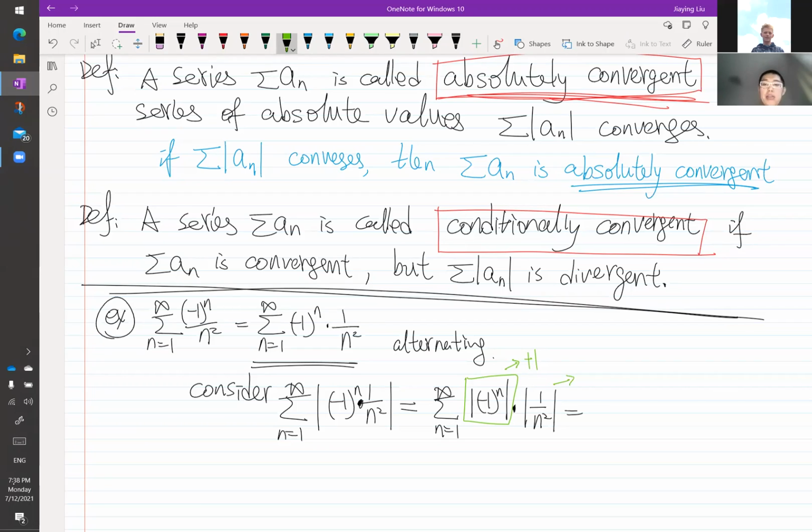It's still going to be +1 over n squared. So that series with the absolute value just becomes a series of 1 over n squared, from 1 to infinity. And if we do the p-series test, the p is 2 here, it's more than 1, so we know that this series is convergent.